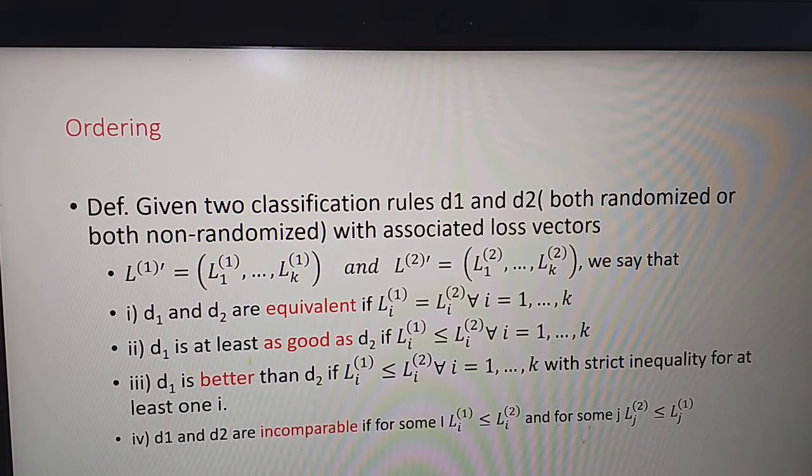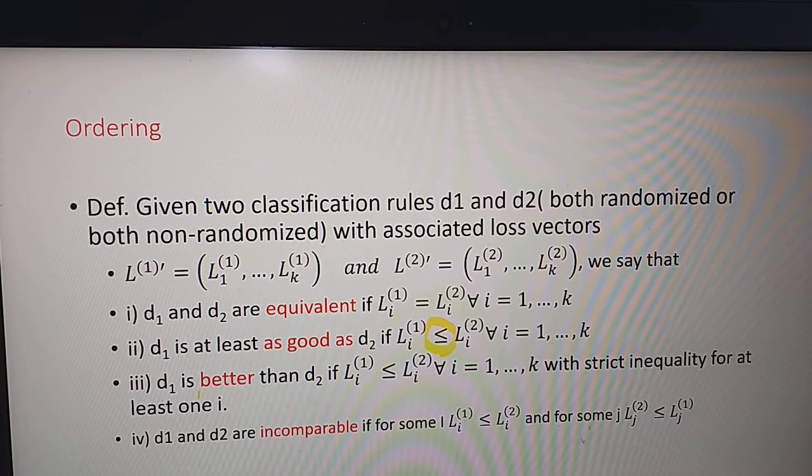Next, D1 is at least as good as D2 if Li1 is less than or equal to Li2 for all i. This is less than or equal to. You note this. Number 3, D1 is better than D2 if Li1 is less than or equal to Li2 for all i, but with strict inequality for at least one i.